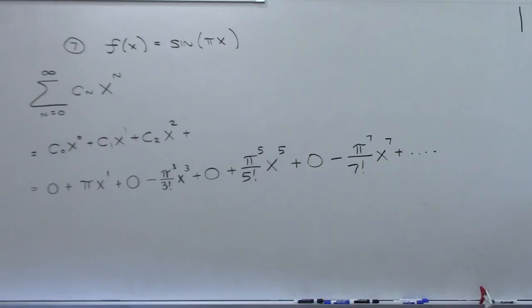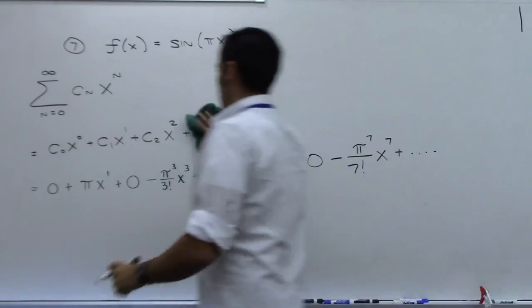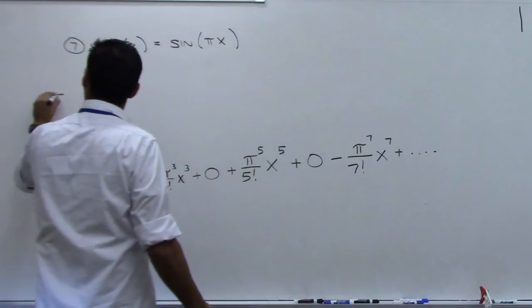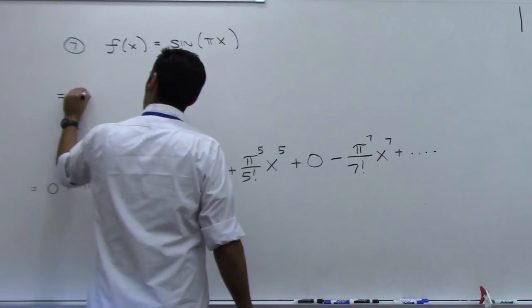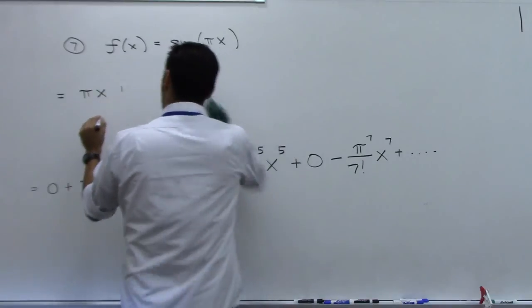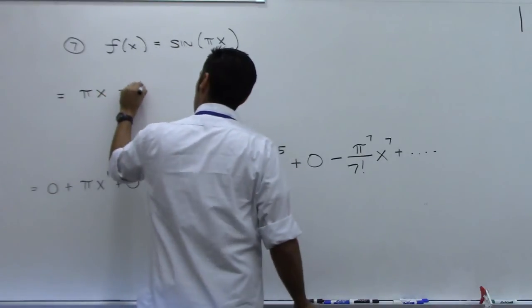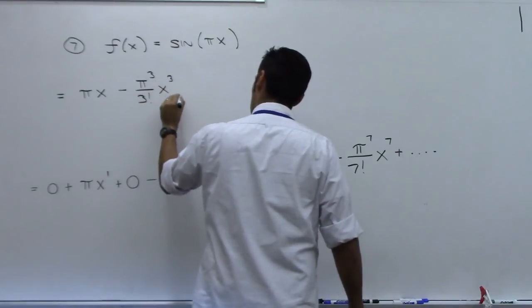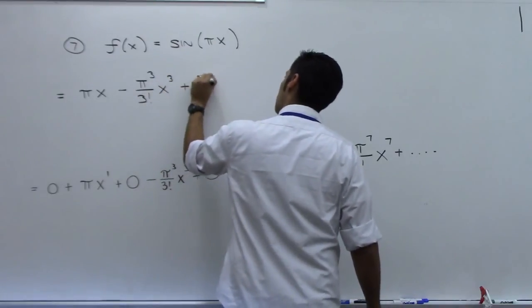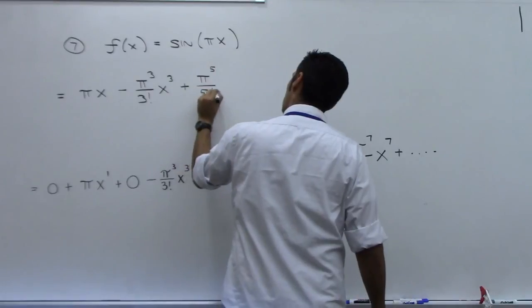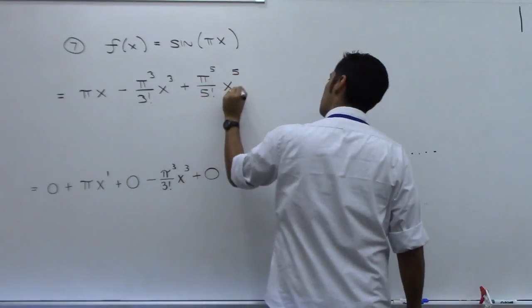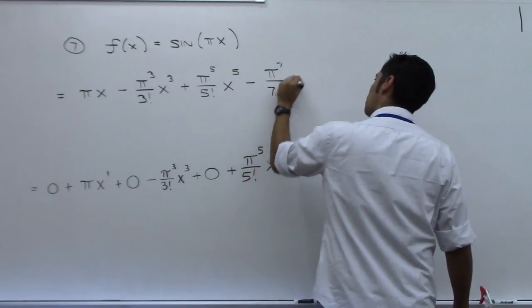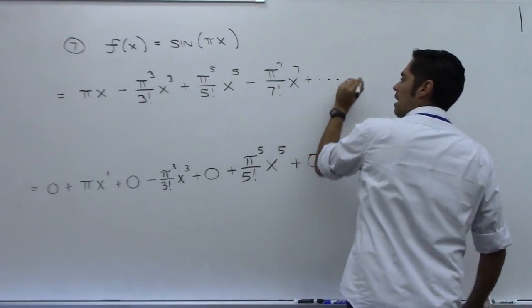And that keeps going. So let me now rewrite this, getting rid of all those zeros: pi x minus pi cubed over 3 factorial x cubed plus pi to the 5th over 5 factorial x to the 5th minus pi to the 7th over 7 factorial x to the 7th plus dot dot dot.